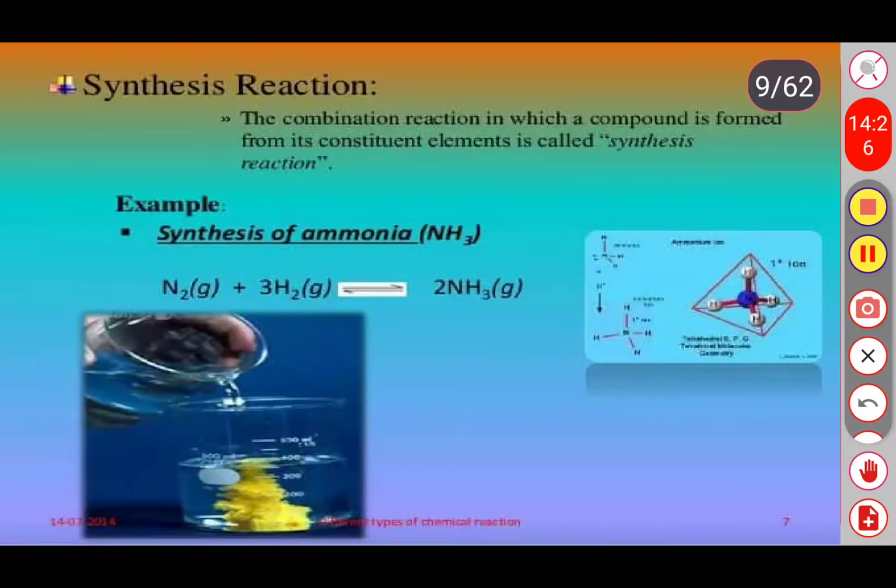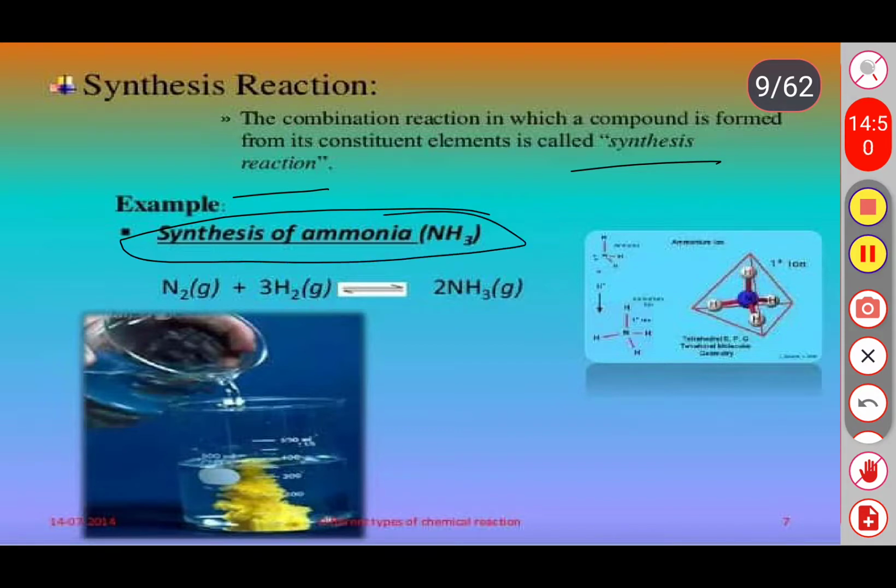Listen here, synthesis reaction: the combination reaction in which a compound is formed from its constituent elements is called a synthesis reaction. For example, the synthesis of ammonia. Synthesis of ammonia is nothing but the formation of ammonia.